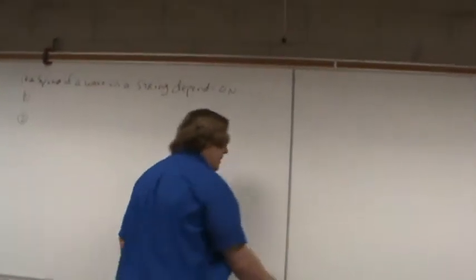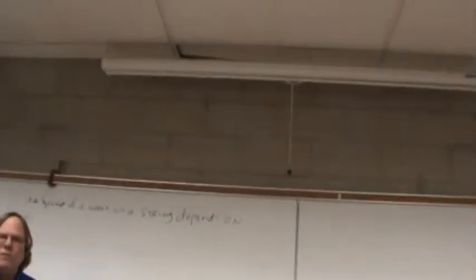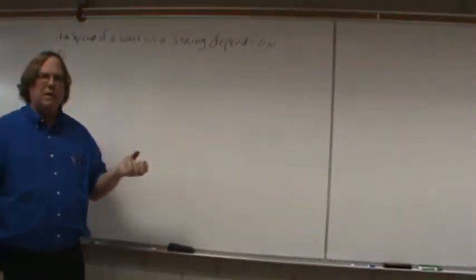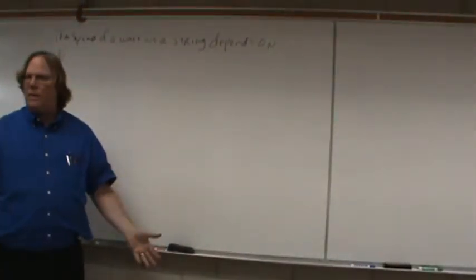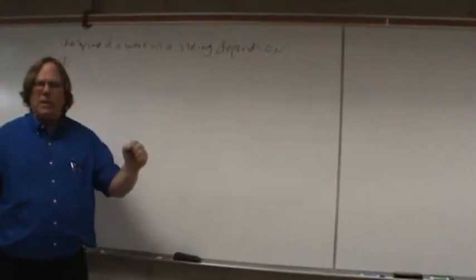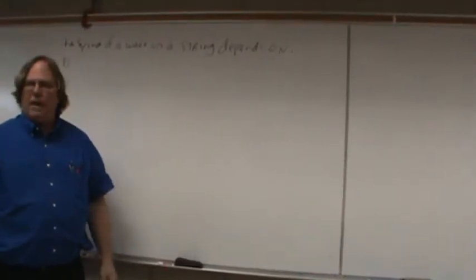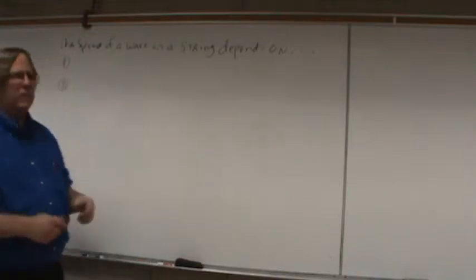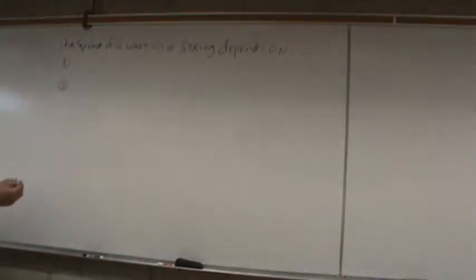So what happened is the difference between the cotton string and that heavy steel spring is not the tension. They all have the same tension. The difference was the density. And so those are the two things that the speed of a wave on a string depends on.